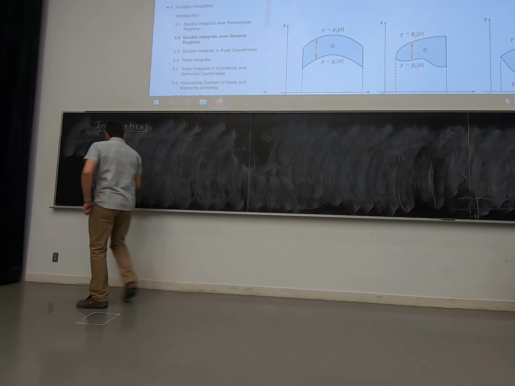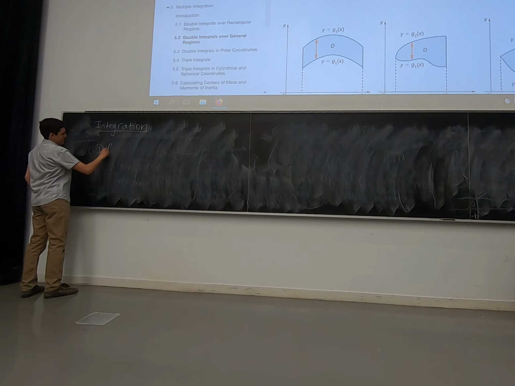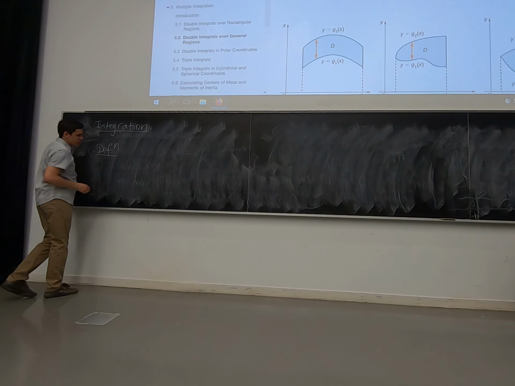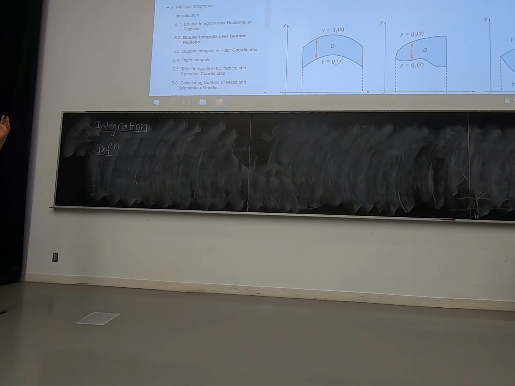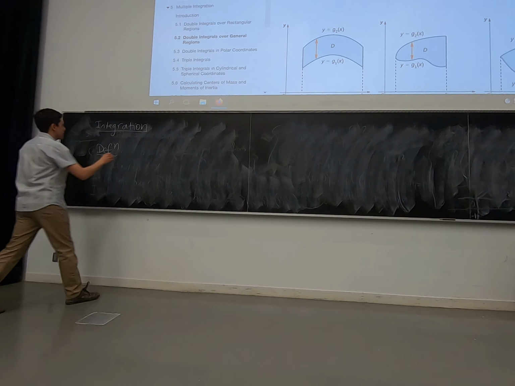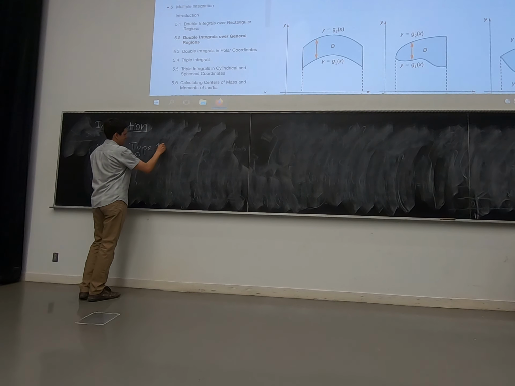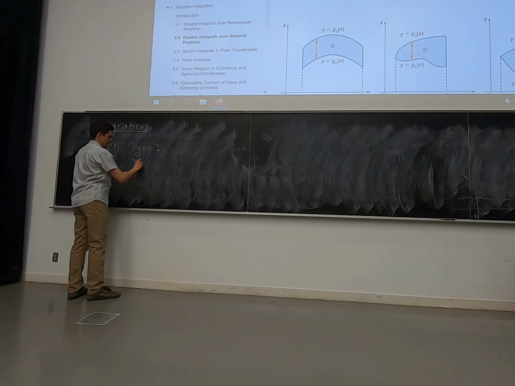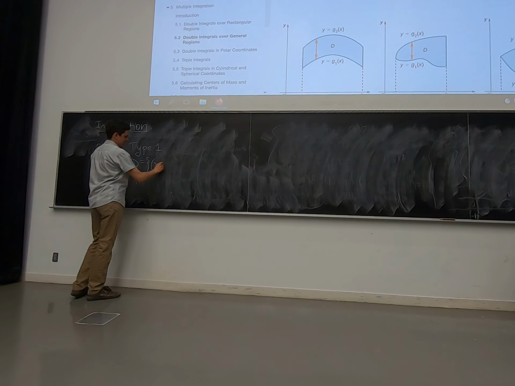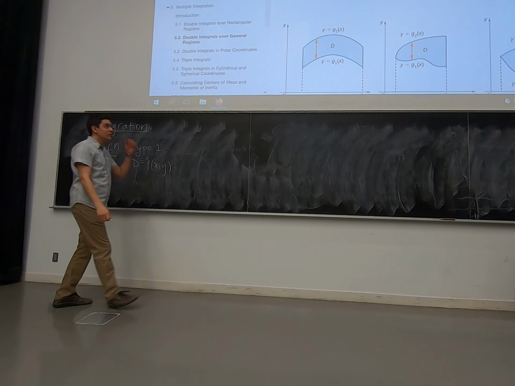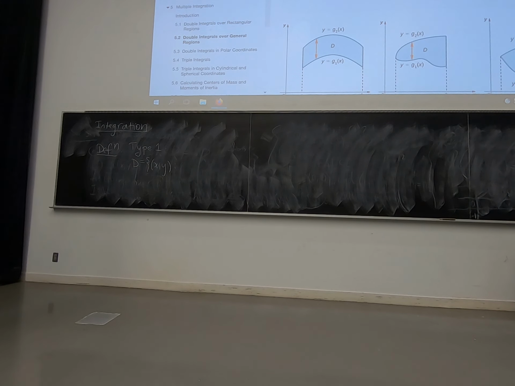Okay, so our definition is that something is of type 1 if we can write it as being bounded by 2 functions.